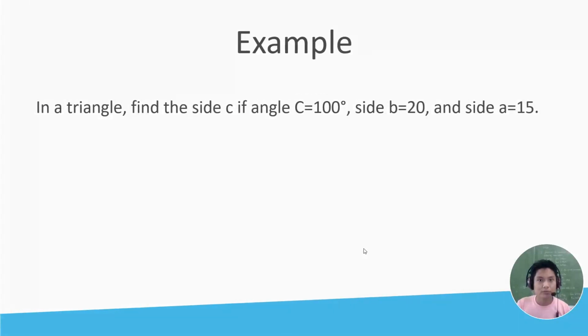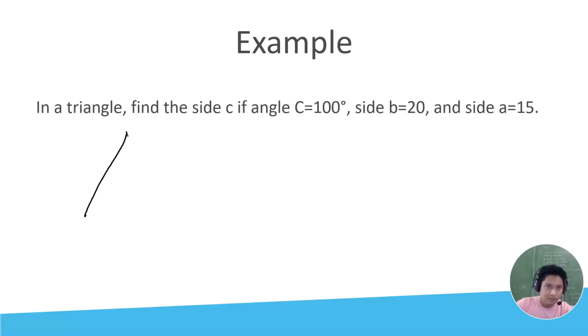So let's solve using cosine law. In a triangle, find the side c if angle C is 100 degrees, side b is 20, and side a is 15. So let's draw the triangle.